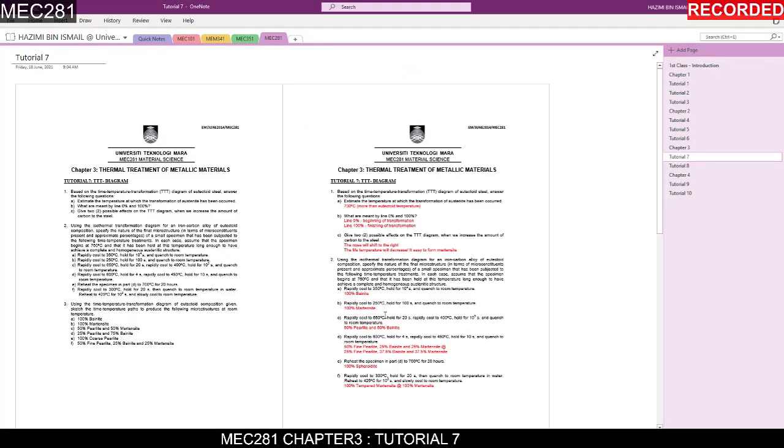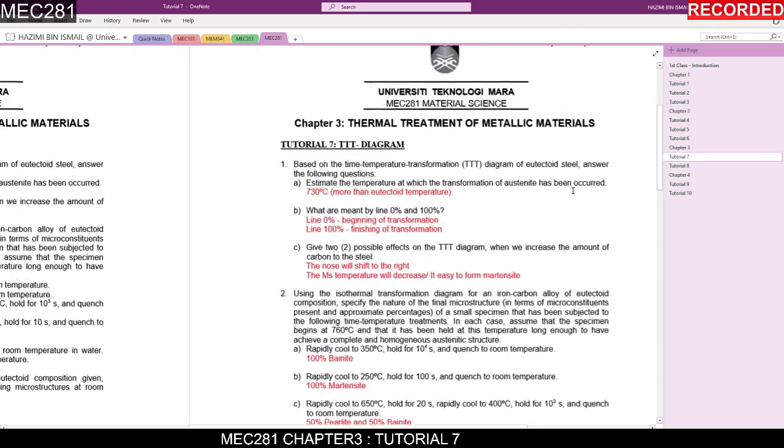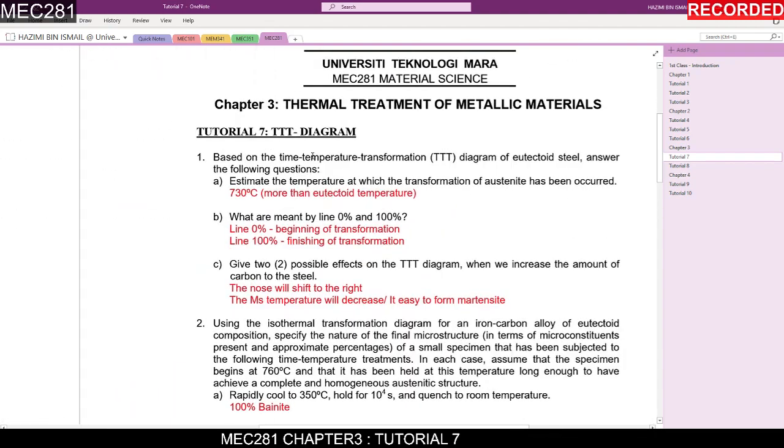So this is our tutorial video for tutorial 7 that covers chapter 3, thermal treatment of metallic material, TTT diagram. So the question for tutorial 7, question 1, is about the time temperature transformation diagram.